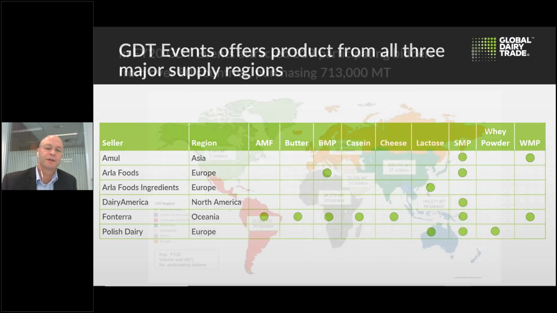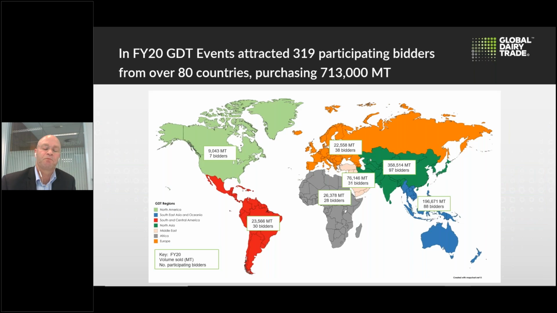Moving on to the bidders side, over the last financial year to 31 July, GDT Trading Events attracted 319 participating bidders from over 80 countries, purchasing a total of 713,000 metric tonnes. So you can see from the chart on the screen a wide range, a diversified large pool of bidders.